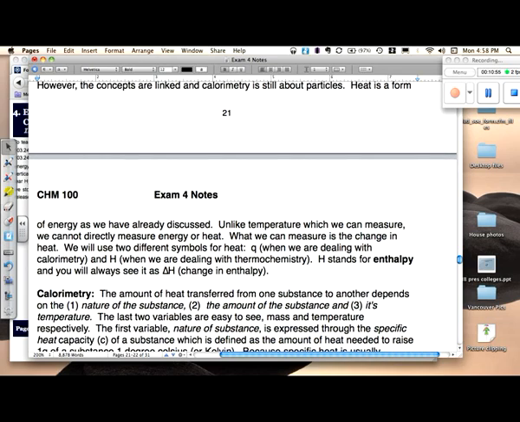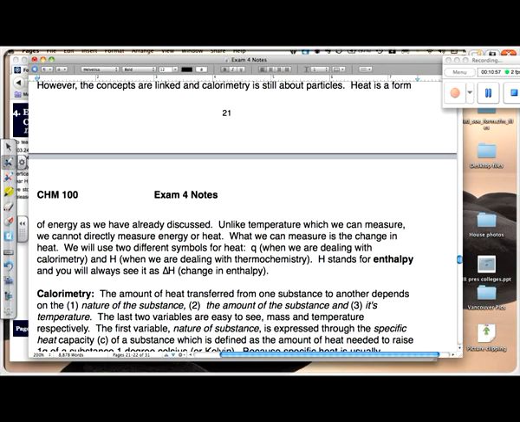So this is a really important statement right here. Unlike temperature, which we can measure, we cannot directly measure energy or heat. What we talked about just a moment ago, the energy that we have to put in to break bonds and the energy we get out when we make bonds, we can't directly measure that either. What we can do is measure the difference between them and get some idea as to what is going on.